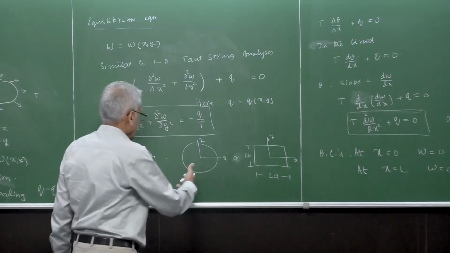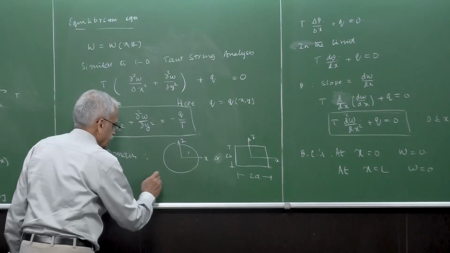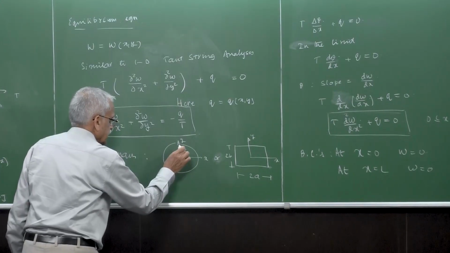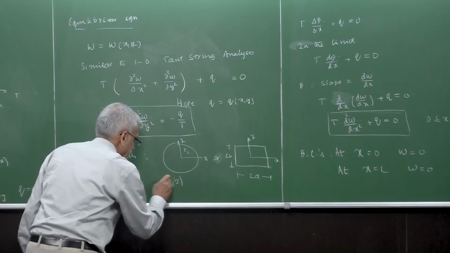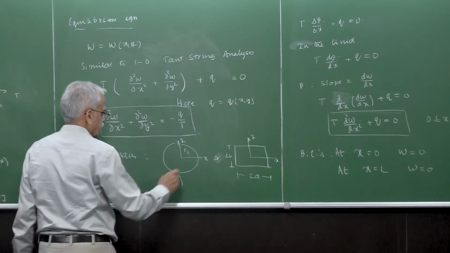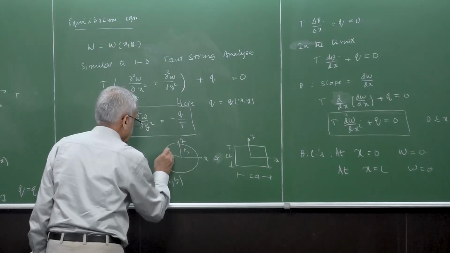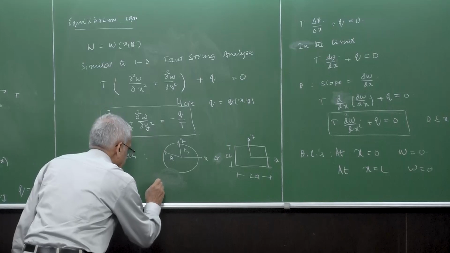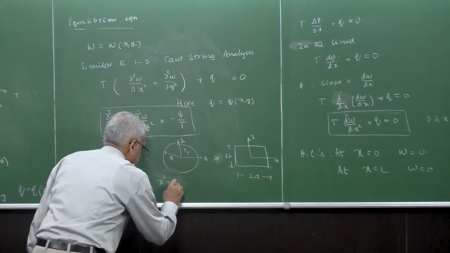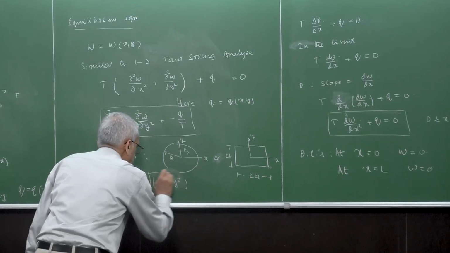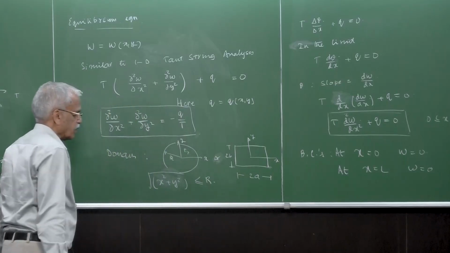Okay. So here the domain is typically any point P, so x, y is within the domain R here. If you think that R is the radius, you can say that x, y is within the circle, or you can also say that x square plus y square is less than R square. This is the domain.